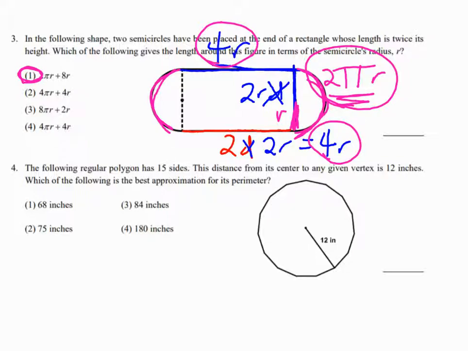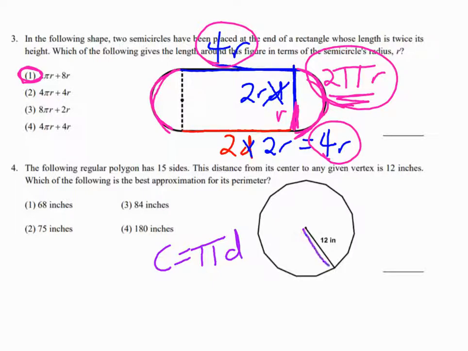The next one, number 4. A regular polygon has 15 sides. The distance from its center to any given vertex is 12 inches. Which of the following is the best approximation for its perimeter? I know they probably do it differently in the lesson. For me, this is close enough to a circle that we can use c equals pi d to get a good approximation.